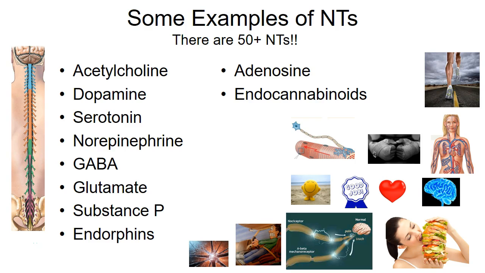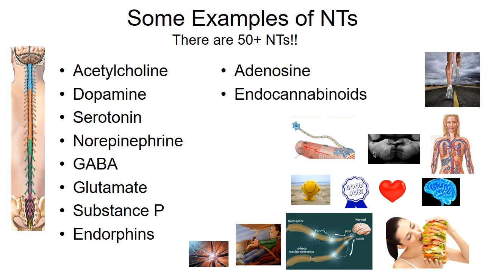Okay. All right, the other one is glutamate, and this is the main excitatory neurotransmitter in the brain. So GABA and glutamate are kind of opposite sides of the same thing. GABA puts the brakes on, glutamate is going to be the accelerator.